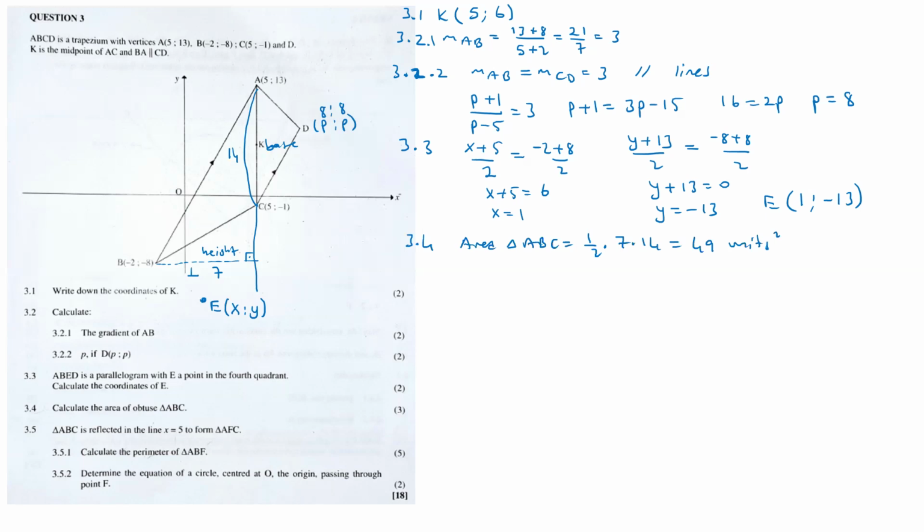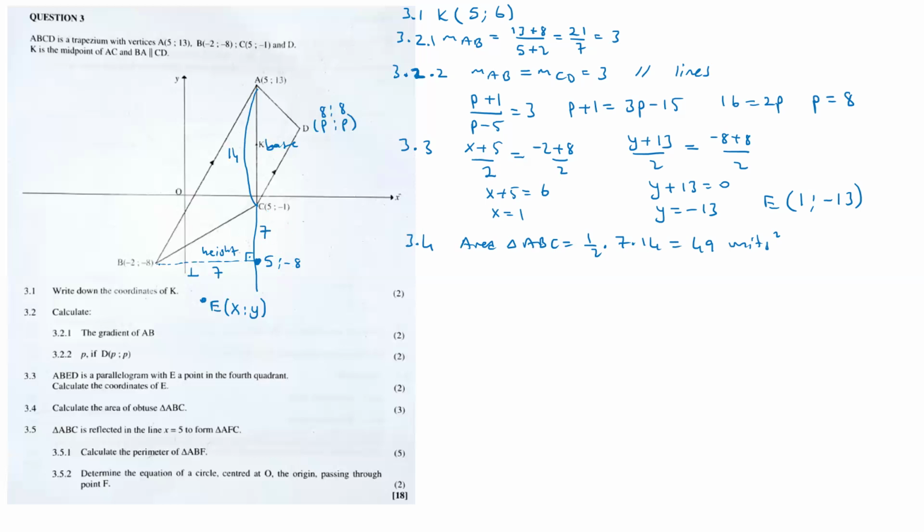3.5. ABC is reflected in the line x is equal to 5 to form AFC. Calculate the perimeter of ABF. Right now, the x coordinates of this point are 5 and -8. So this side is 7 units, because from -1 to -8 it's 7 units.